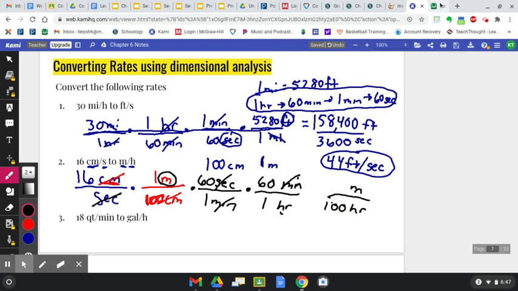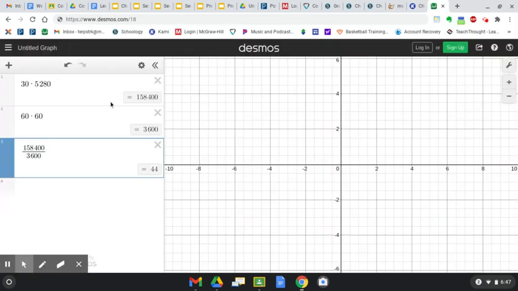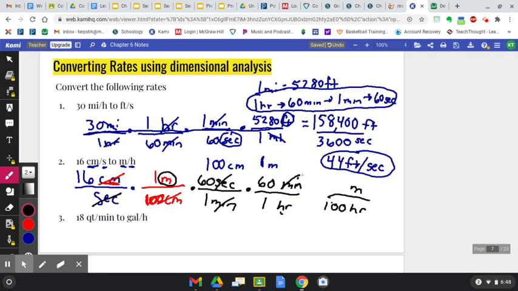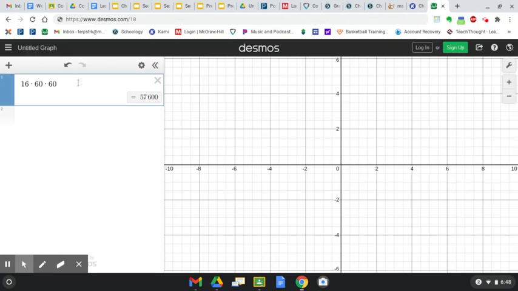And then I can do it in my calculator, clear these out, 16 times 60 times 60. So 57,600. That goes on top. And we're going to divide that by 100, right?